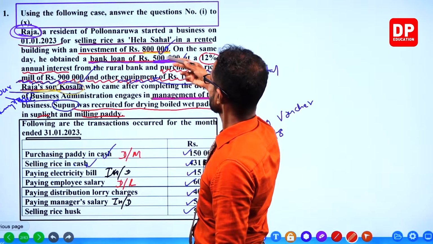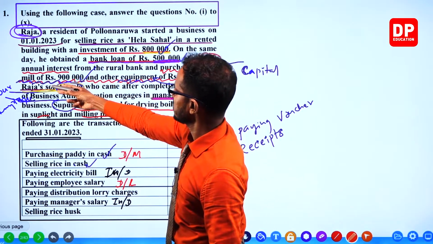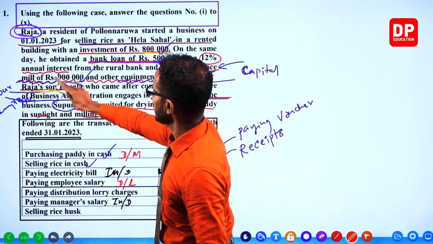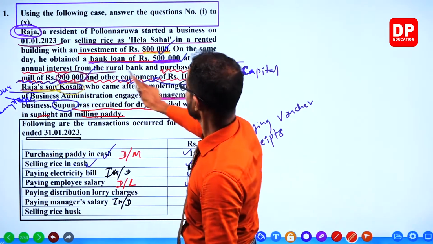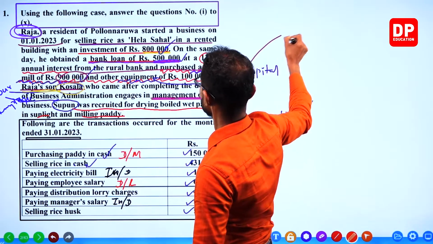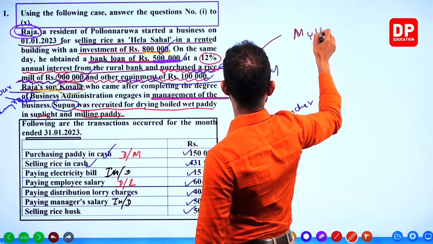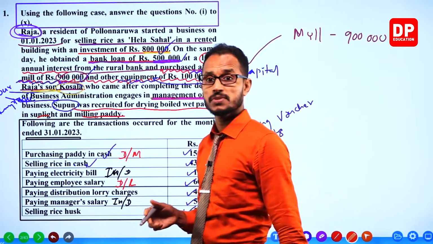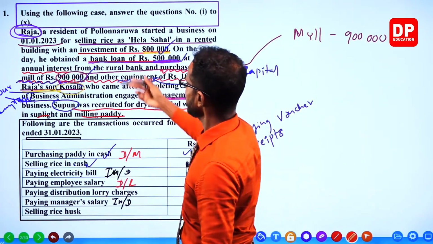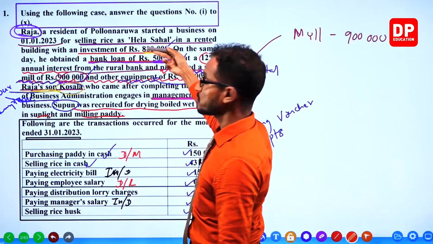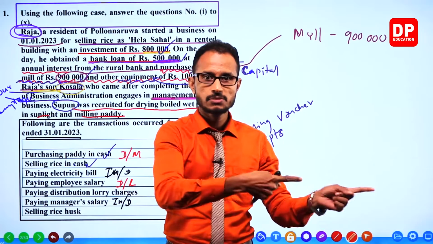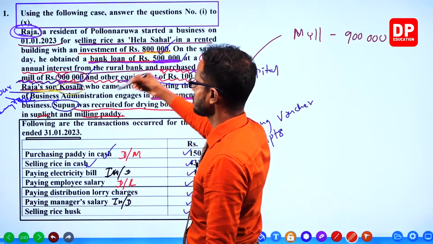This asset, what is this asset? Mill, 900,000, but from that depreciation must be subtracted. You don't take the cash investment because we already prepared the cash book. You take that cash book balance. You don't take this cash balance.